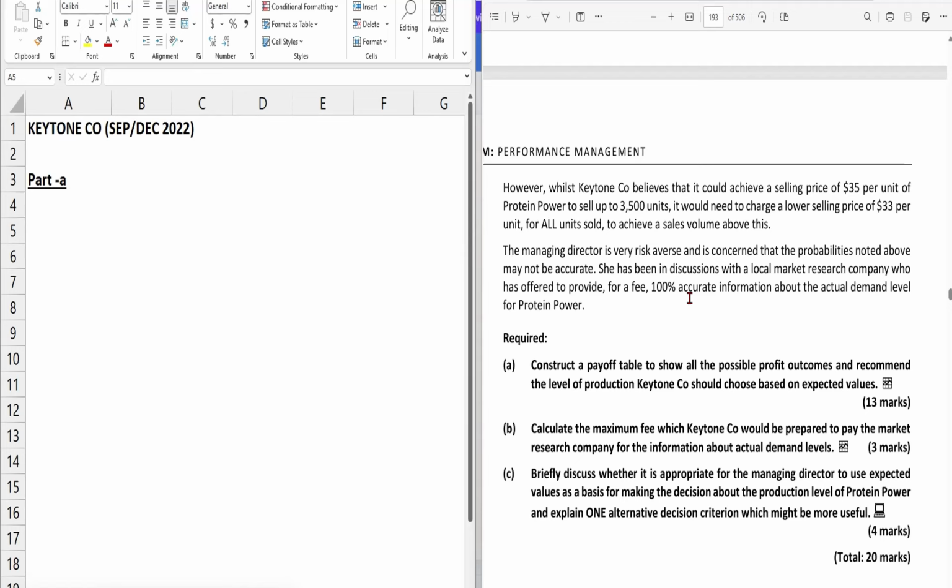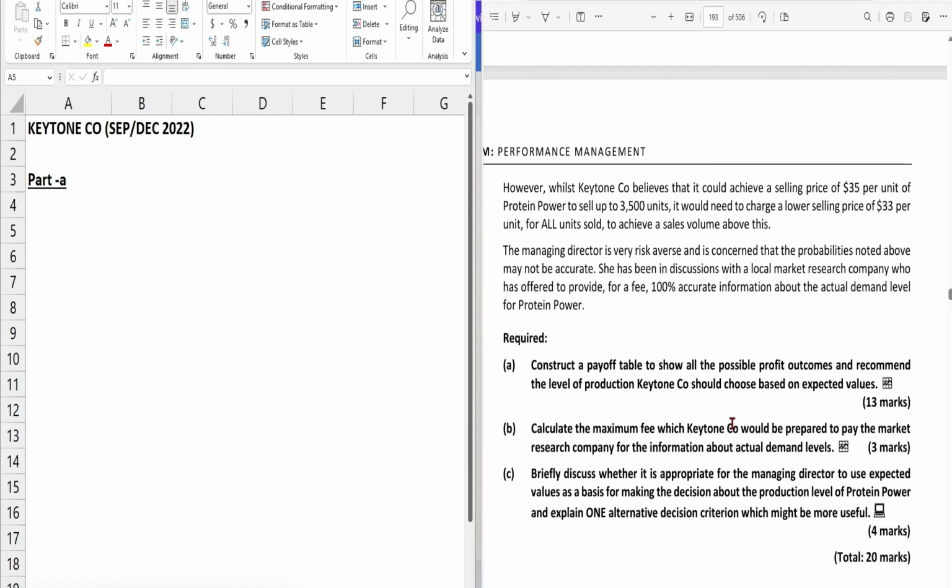So the first requirement is to construct a payoff table to show all the possible profit outcomes and recommend the level of production Keystone company should choose based on the expected value. While reading the requirement, you should read it at least 2 times. Why?